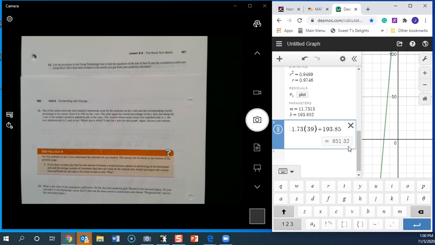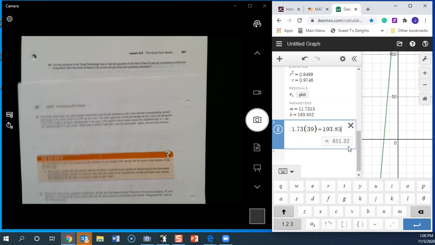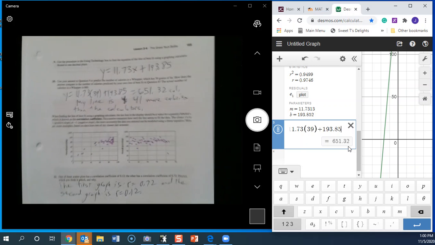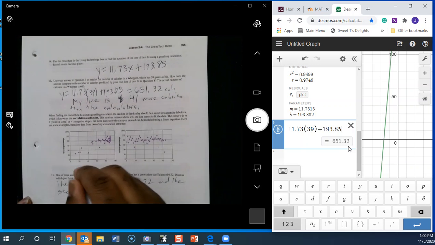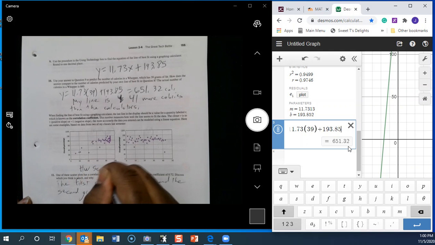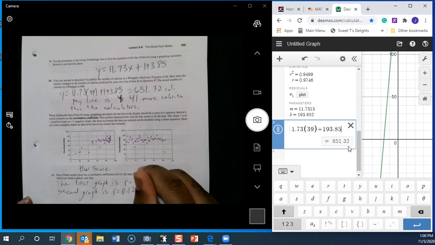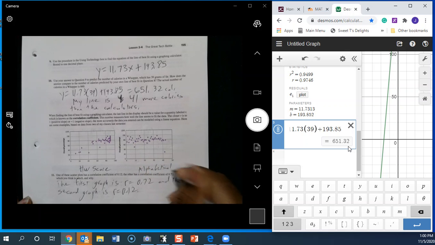The student whose name comes first alphabetically is 1. The next alphabetically is 2, and so on. Which plot is which? Label the x-axis for each graph. Again, discuss your reason. Okay, this first graph would be more so the homework score, and the second graph would be the alphabetical position.